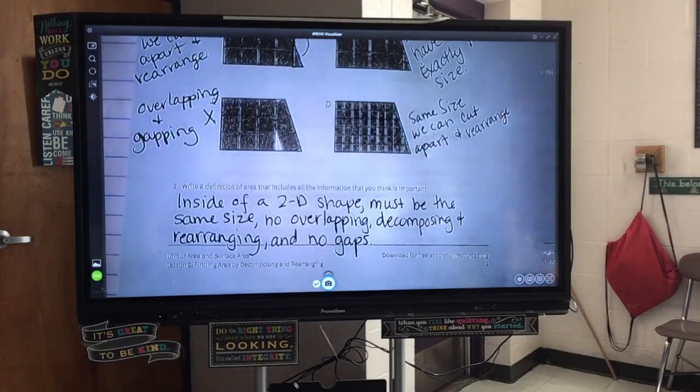So they have to have same size units. What else did we just learn? Ava. No gapping. No gaps. What else? They can't overlap each other. No overlapping.